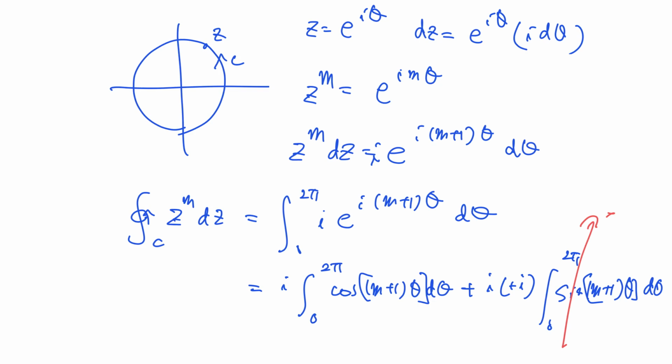Same, except when n is equal to minus 1. So this is actually 0, 2 pi i.